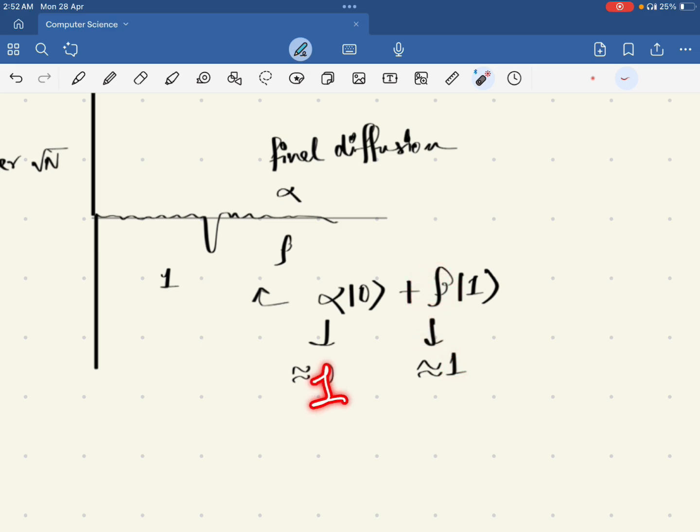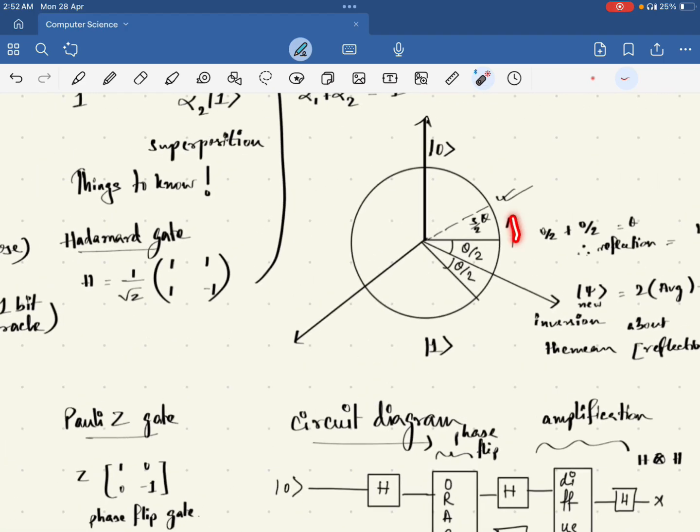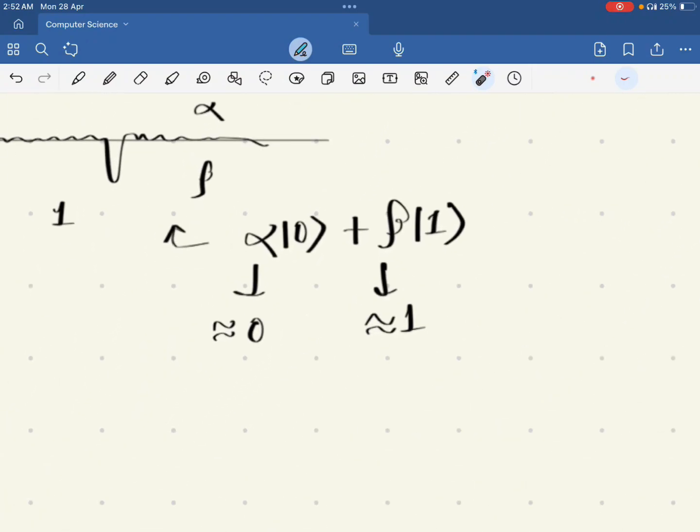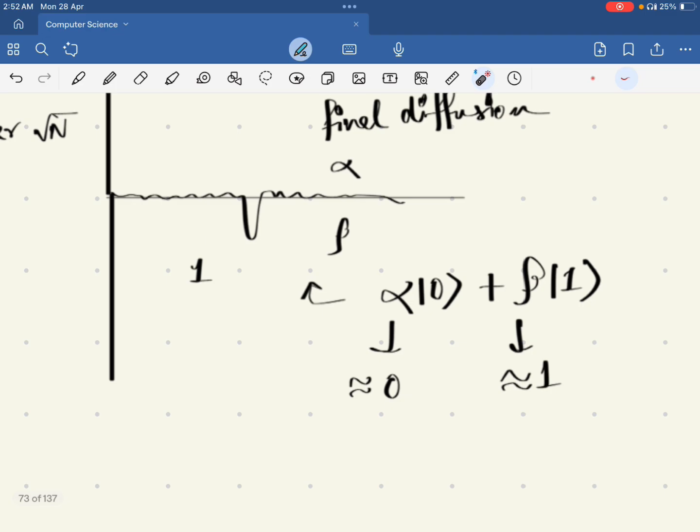It should be the other way around, because as we can see it's tending towards the zeroth state. So the zeroth state vector's amplitude will rise to 1, and the amplitude for the one state vector will go towards 0. You can clearly see it in the graph.